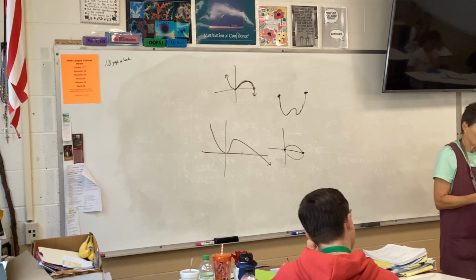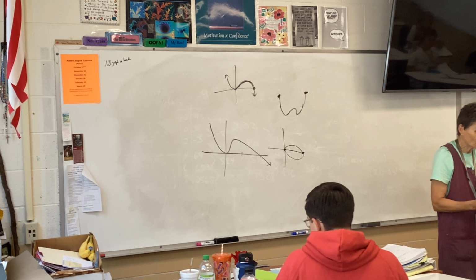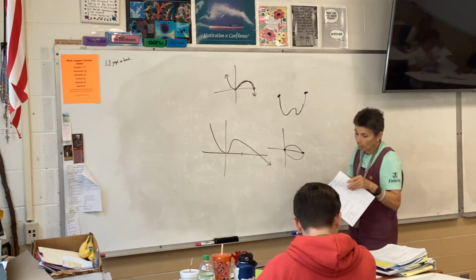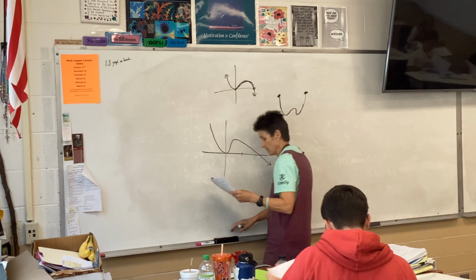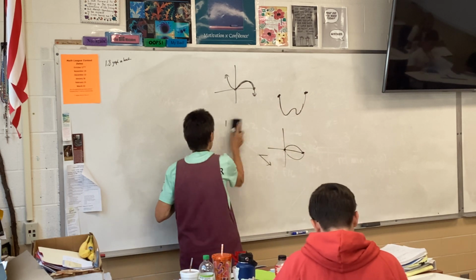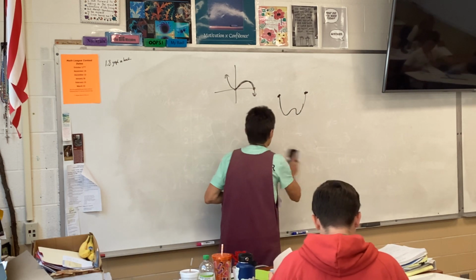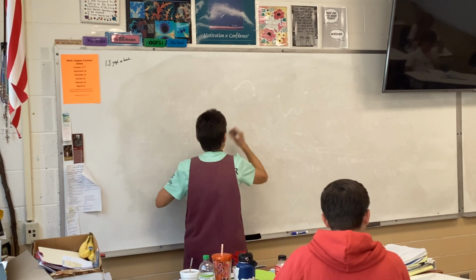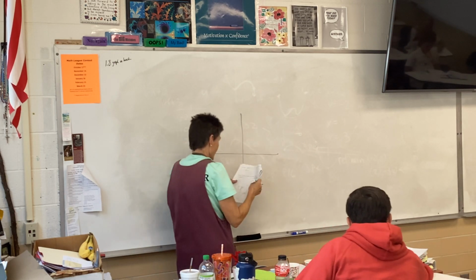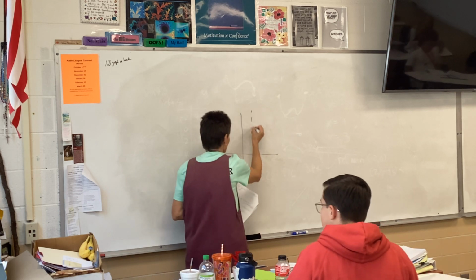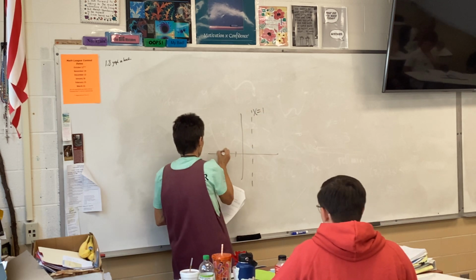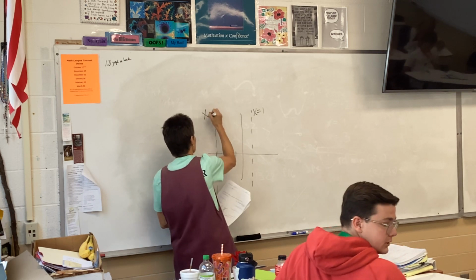Go to the new homework that Bryce just handed out. Go to the 1.8, and that picture at the bottom. Here's the change. In the picture, there is an asymptote at 1, and there is an asymptote at -3.